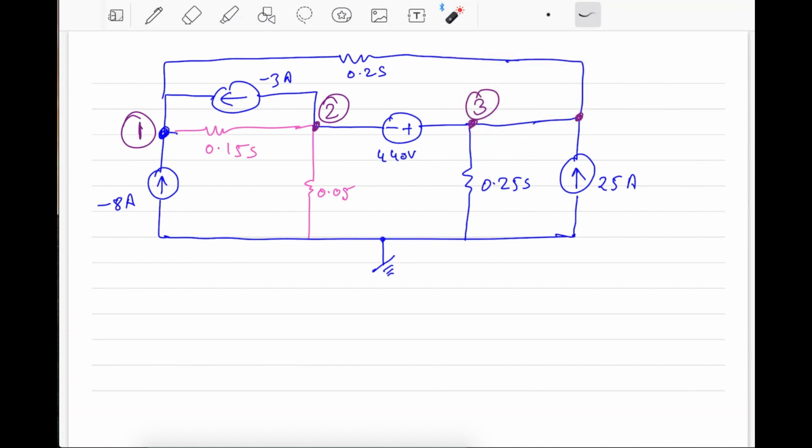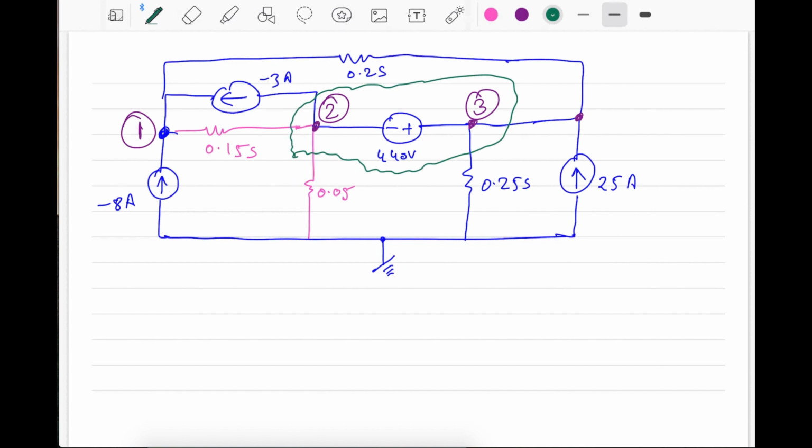So as you can clearly observe, this is a super node situation because you have a voltage source directly connected in between 2 and 3. Everybody agrees with this? Yes, sir. So let us create a super node here.